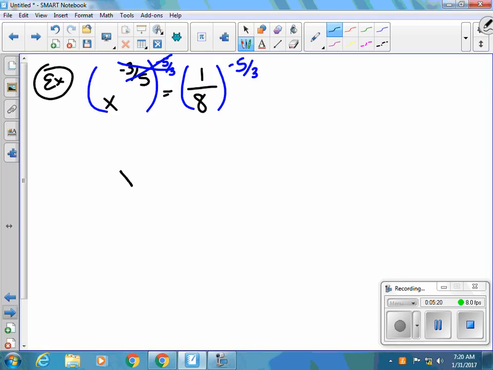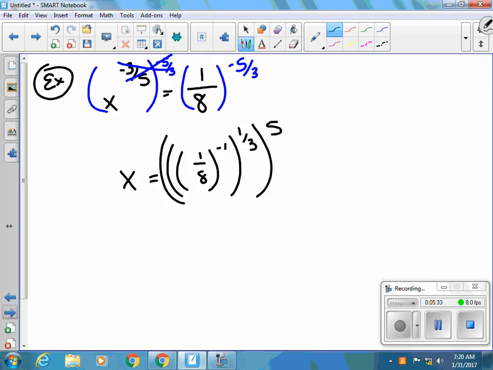So I now have x equals 1 over 8, to the power of negative 1, to the power of 1/3, to the power of 5. If you really wanted to break it down that far, you could. So now I've got x equals 8 over 1 to the power of 1/3 to the power of 5.